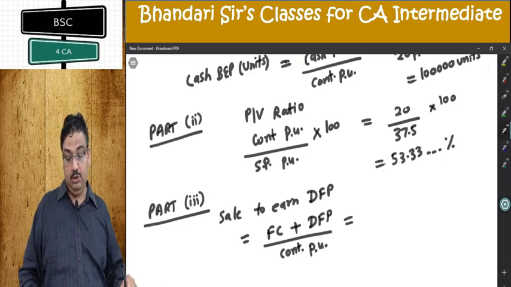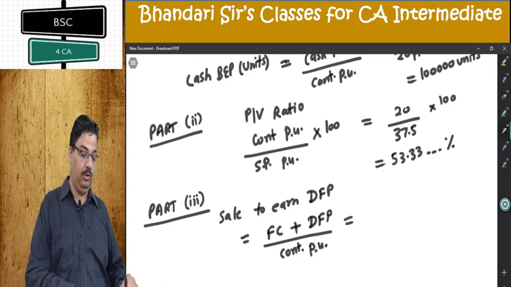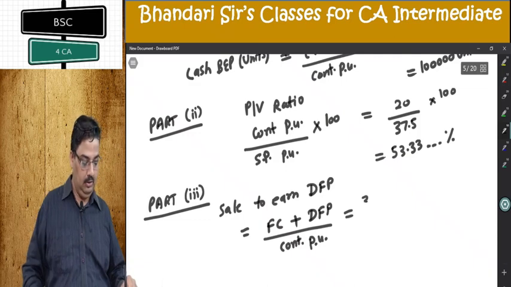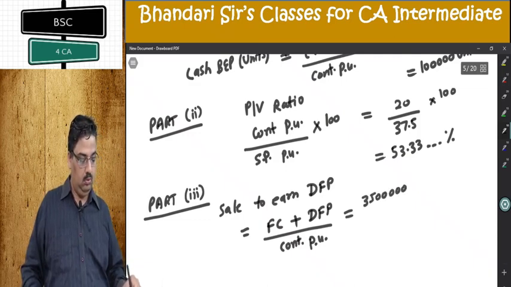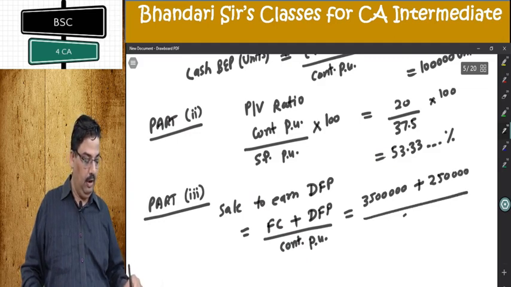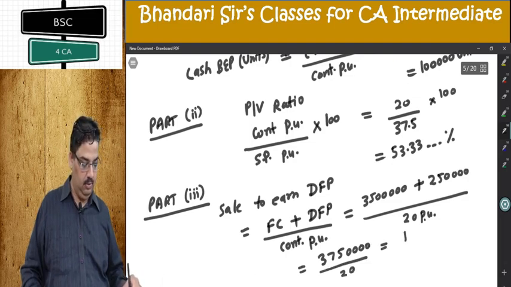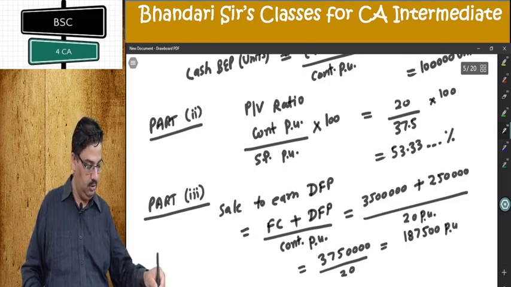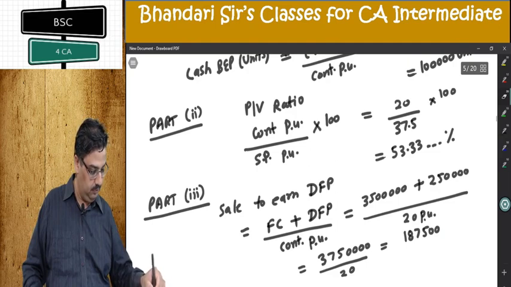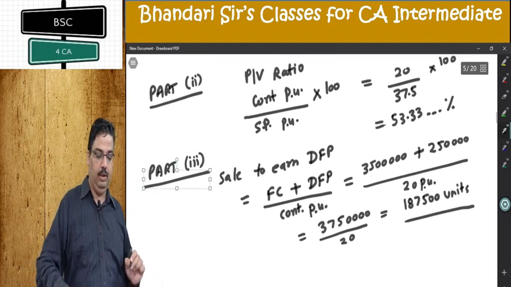Fixed cost, it's not cash fixed cost, it is total fixed cost that we started with, 35 lakh plus 2,50,000 divide by 20 per unit. 37,50,000 divide by 20 per unit. 1,87,500 units. It's not per unit, it's units. This is part 3. Again, very simple.